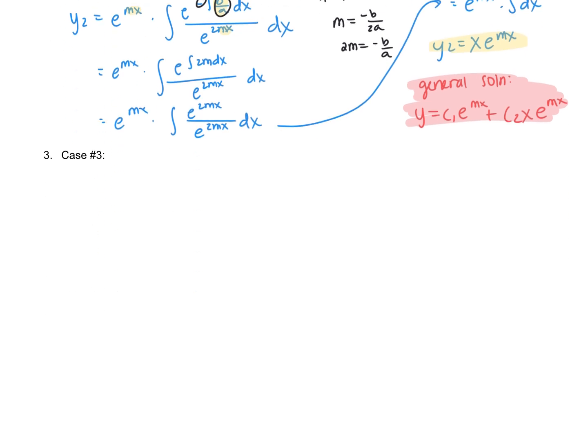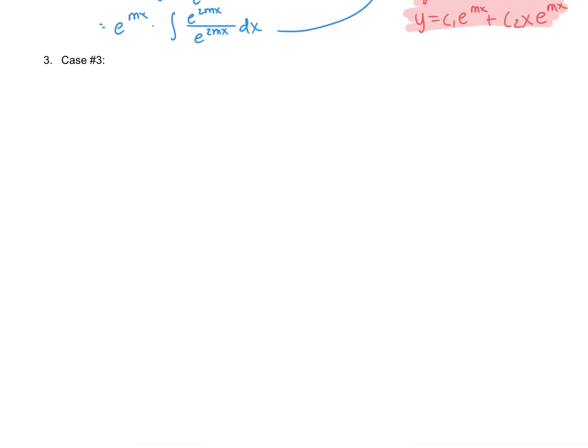Okay, and lastly, the last case when you are solving a quadratic equation is that you end up with two complex roots. And of course, if they're complex, they have to be conjugates. And just remember, this will happen when your discriminant of your equation is negative.